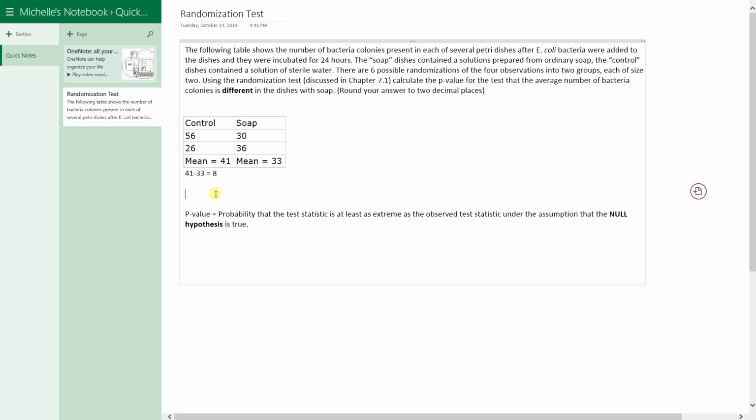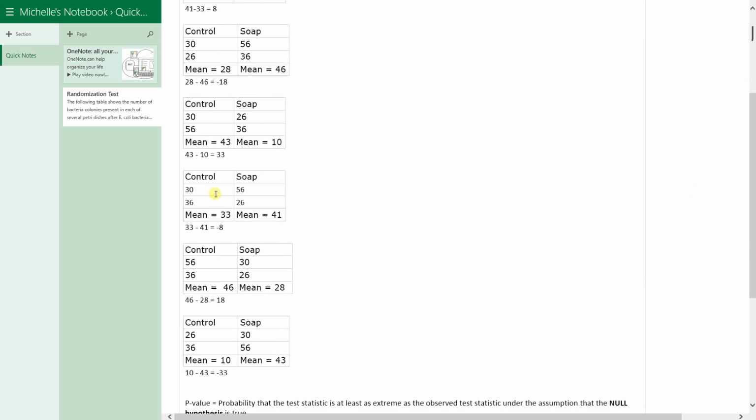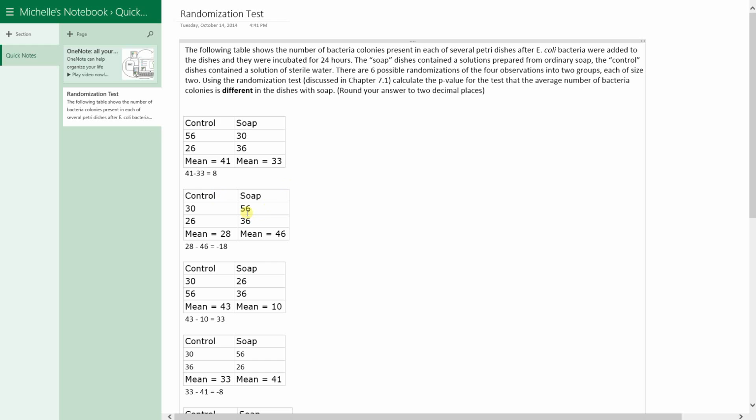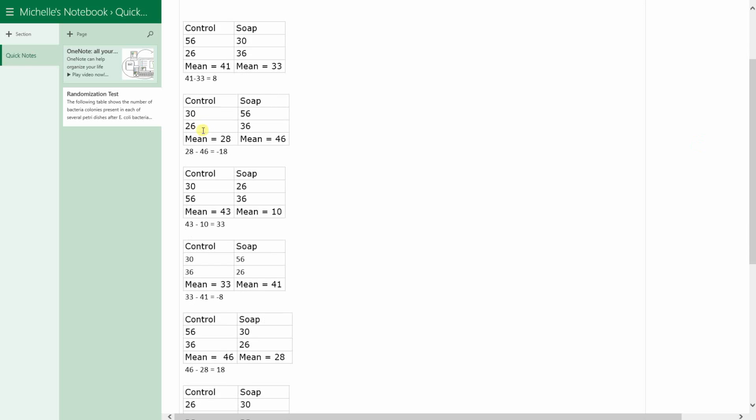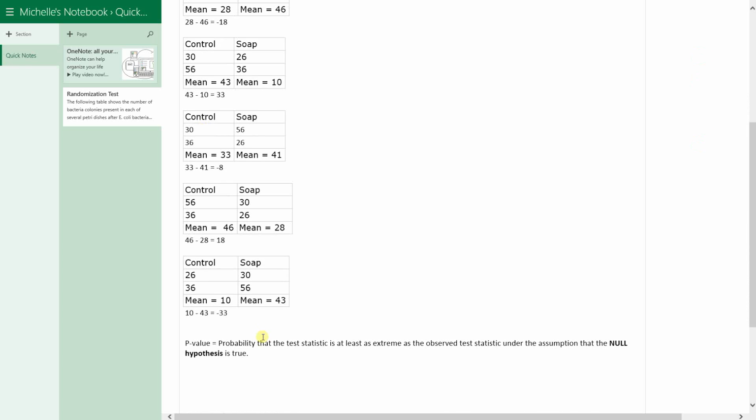So we can come up with all the different permutations. I just put them all here. In the first one, you see the 30 jumped over to the control, the 56 went over to the soap. You just come up with all the different ways you could have reorganized the data had the group not mattered, right? Under the null hypothesis, the group doesn't matter, so you just come up with all these different possibilities.